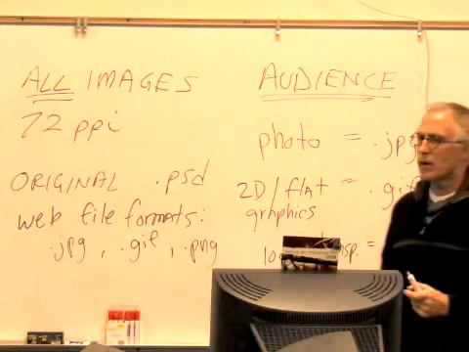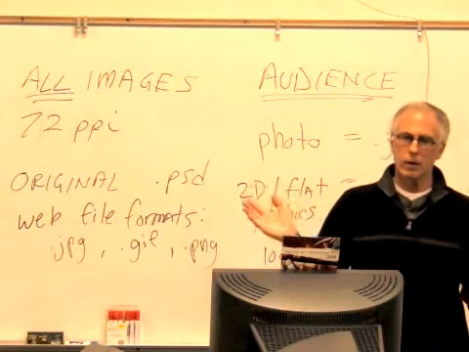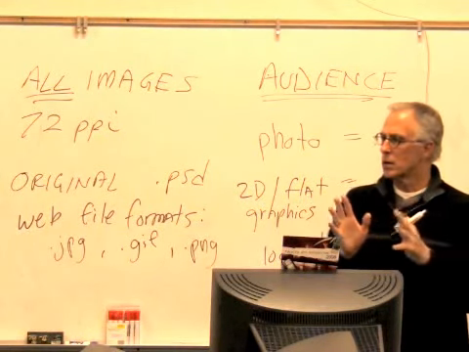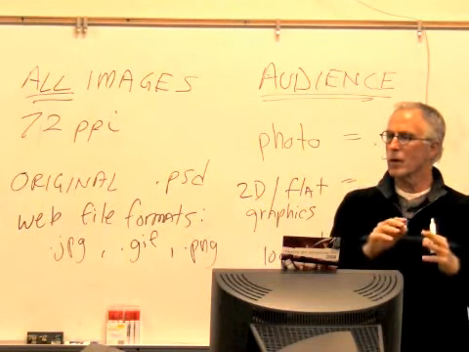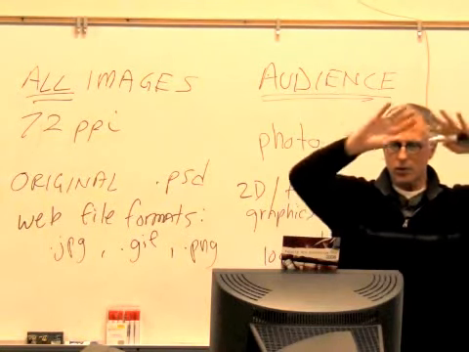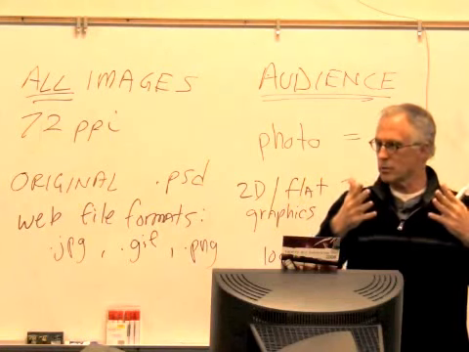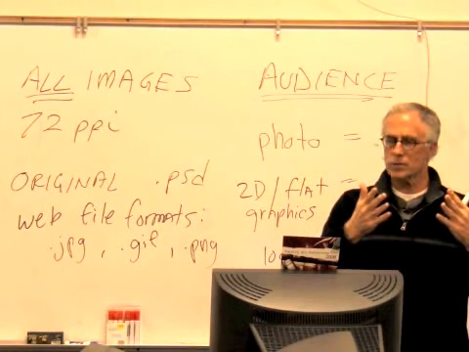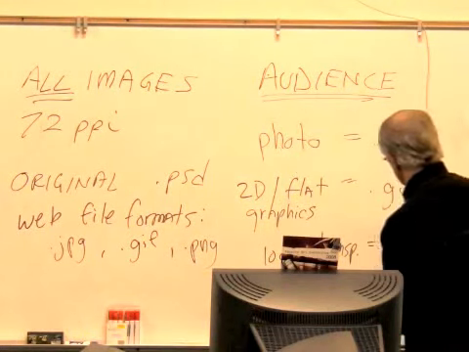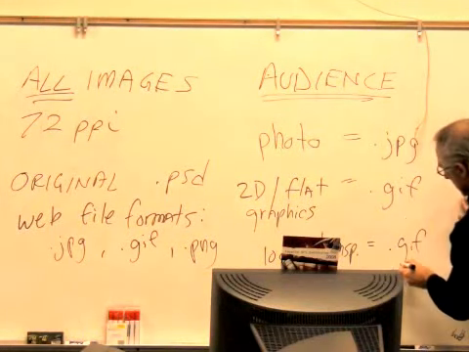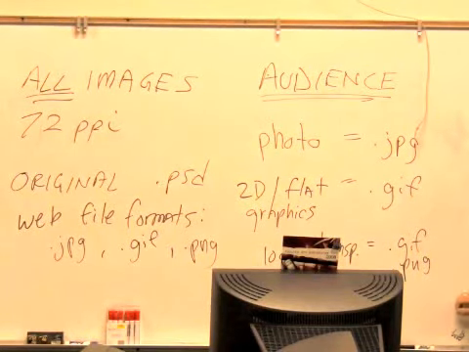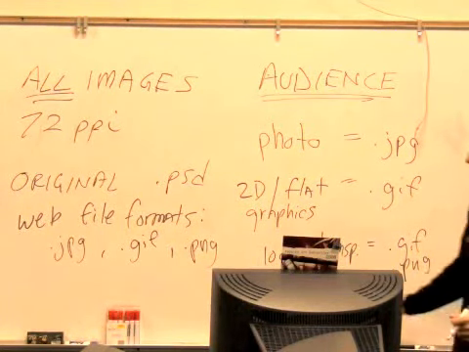So if I want to eliminate the background of an image and I only want the silhouette of my type, or only the silhouette of a person, and I don't want the rest of the rectangular image to show through, is that clear to everybody? Then you would have to use a GIF or a PNG. So that's what makes these unique.